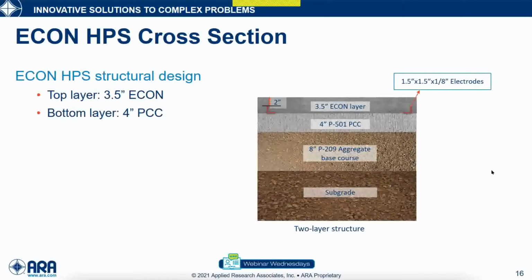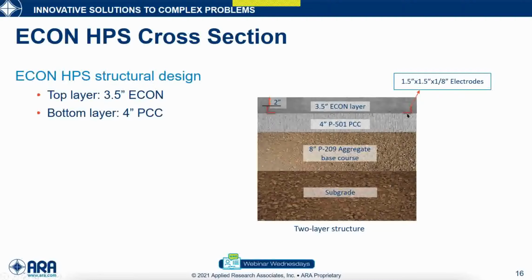So this is the cross section that we use. This is the actual cross section. And as I mentioned, we constructed just a thin ECON layer, and the remaining is just normal concrete to save on construction cost. So the thickness was 3.5 inches, and we placed 2 electrodes.